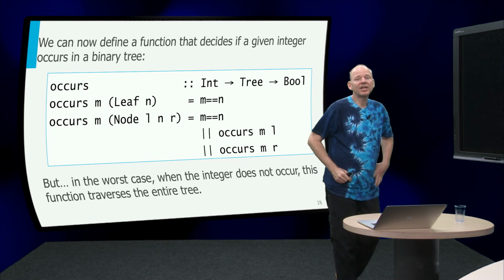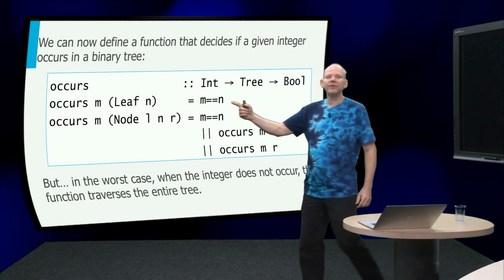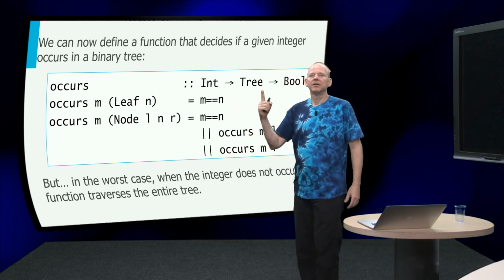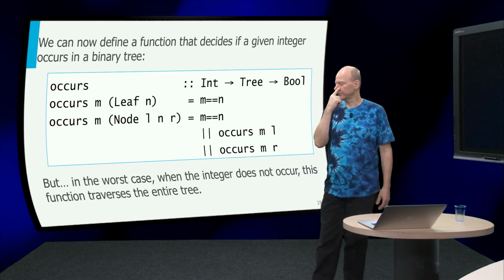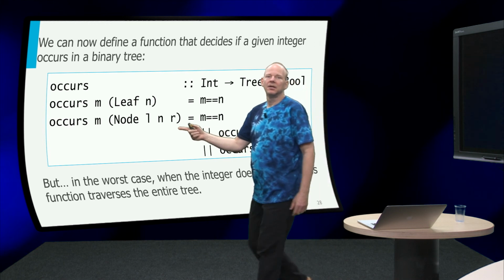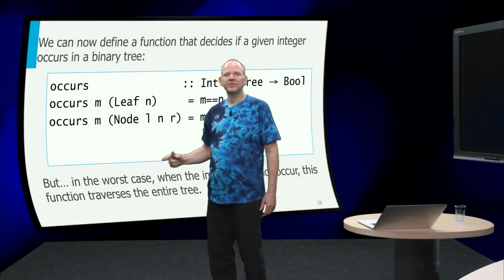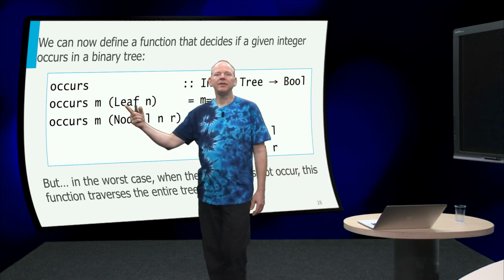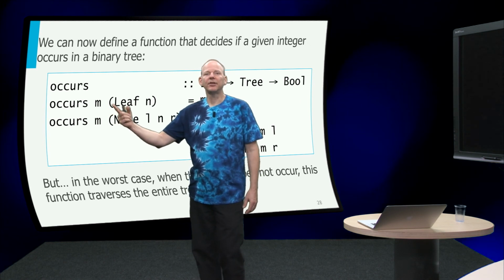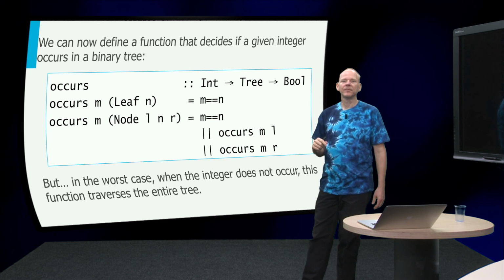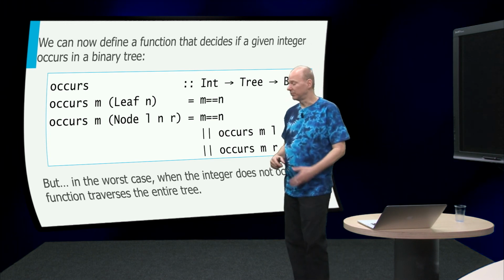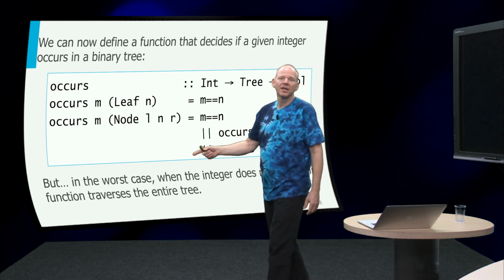So for example, we can search if a given integer is present in this binary tree, and then we will return a Boolean. And we have two cases. If we have a leaf, then we check that the value at the leaf is the same as the value that we're looking for. And that's the result of the Boolean, no recursive invocation.